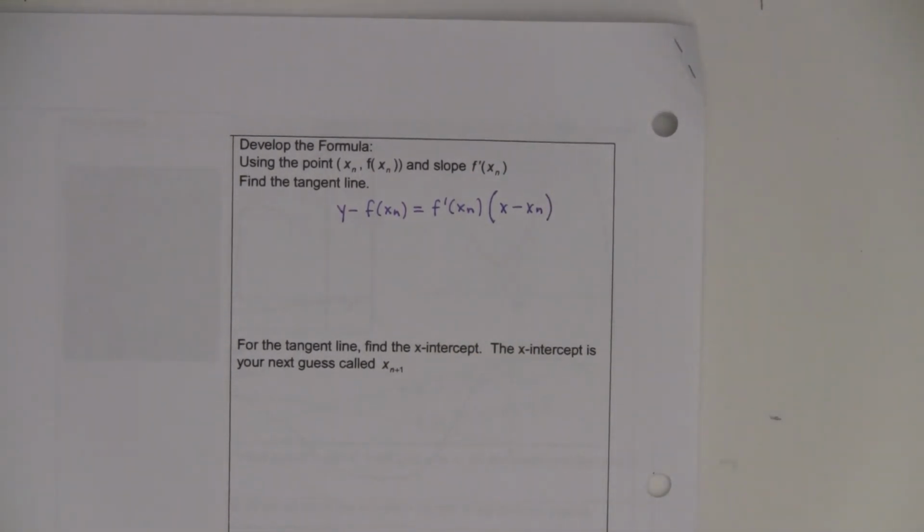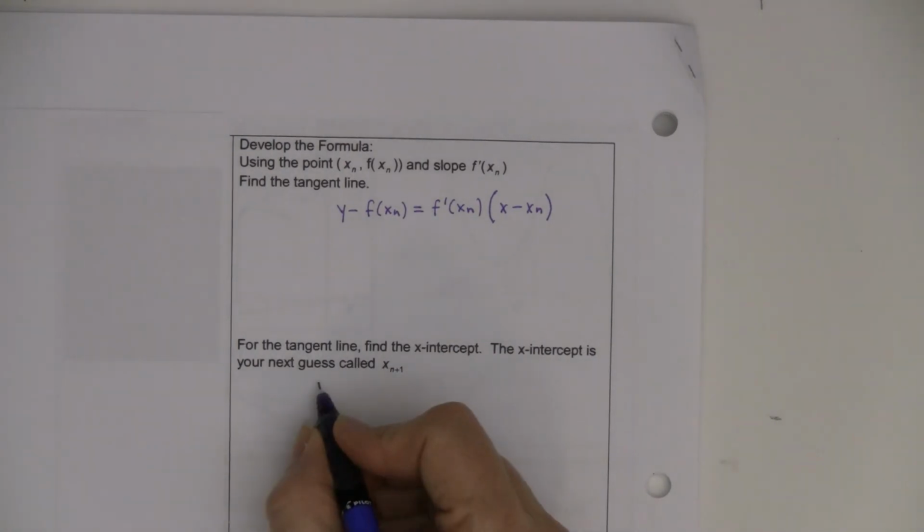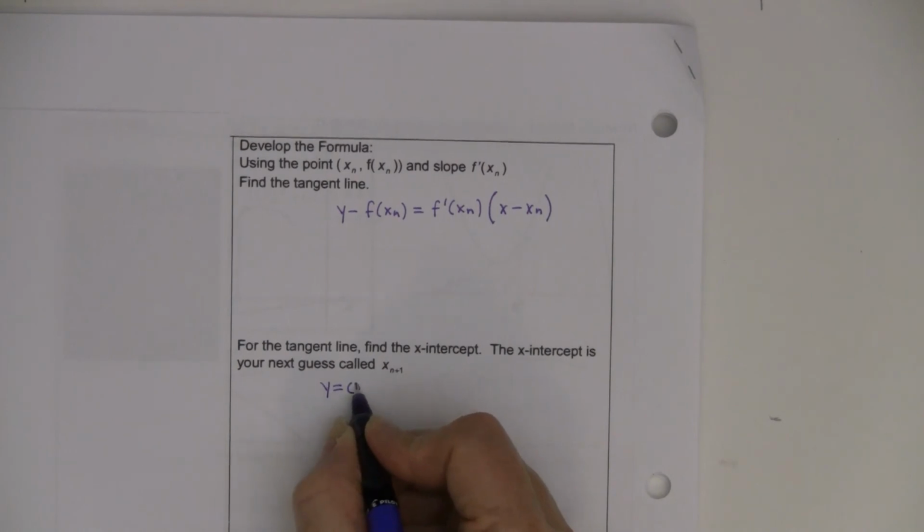And so there's the tangent line. And if you want to just find the x-intercept, then you substitute in y equals 0 into the tangent line that you have.